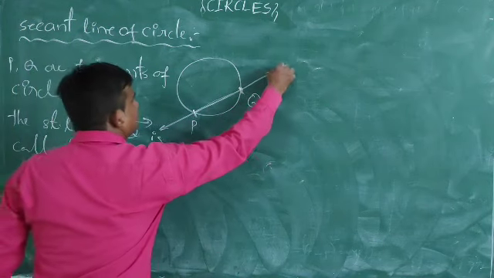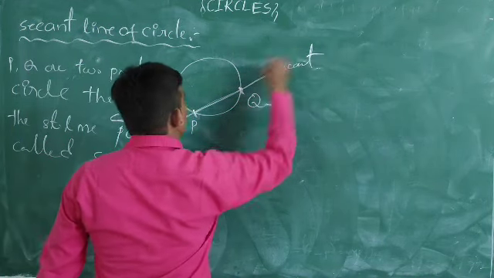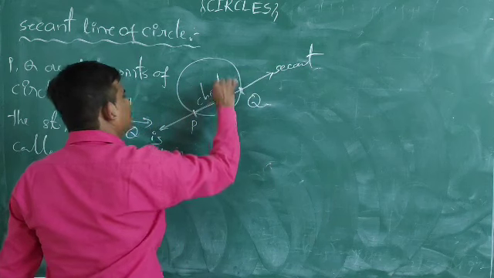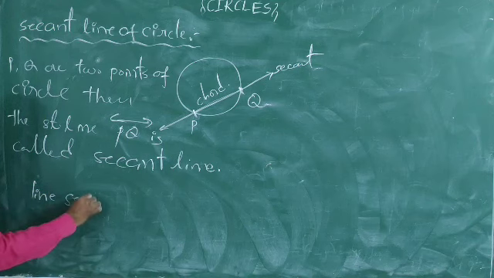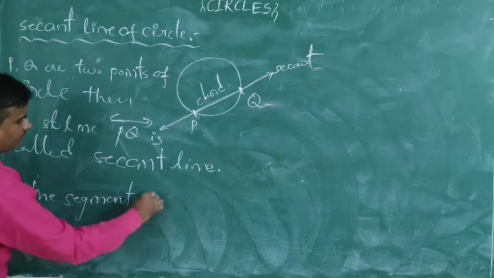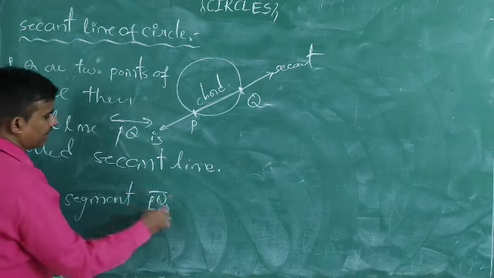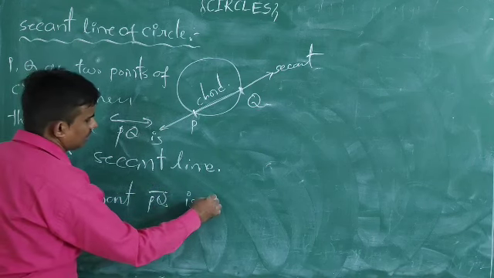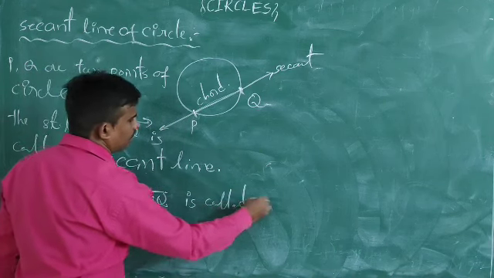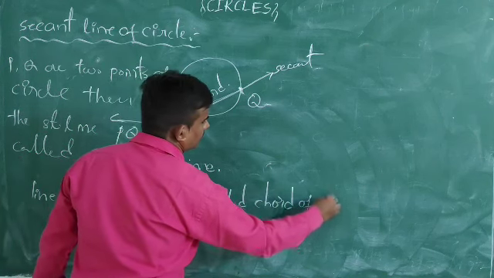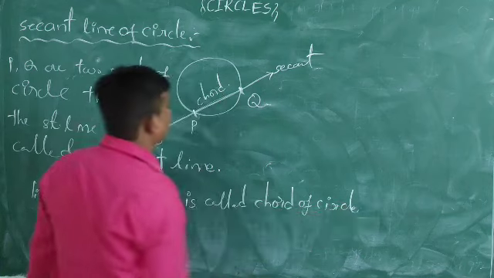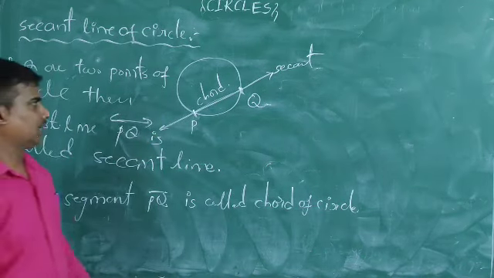It is secant and it is chord. So the line segment PQ is called the chord of the circle. Okay, it's very clear.